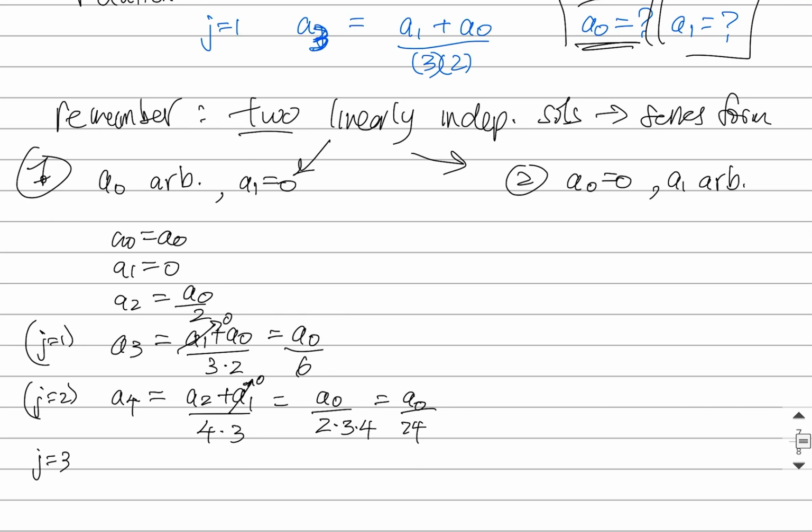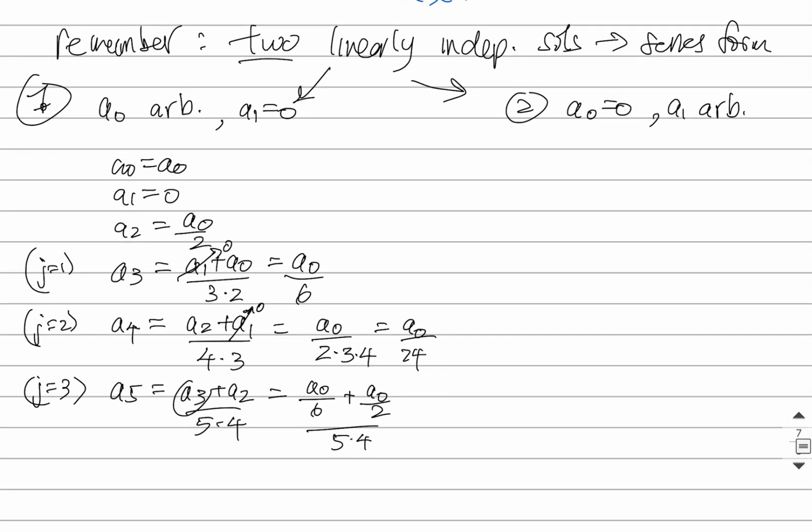And I can just keep proceeding this way. a5 is going to be a3 plus a2 over 5 times 4. Well, a3 we had an expression for, a0 over 6. a2 was a0 over 2. And then we'll have 5 times 4 on the bottom. As you keep going through, you can see that this is starting to get kind of messy. And you can just keep repeating this.